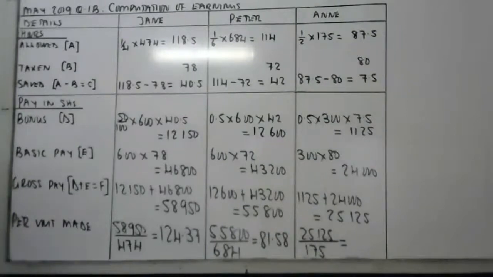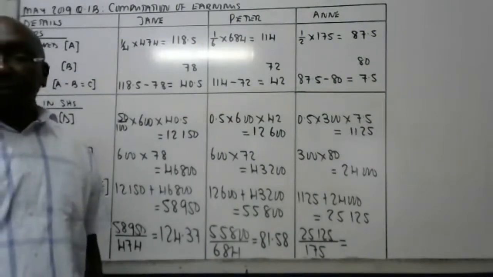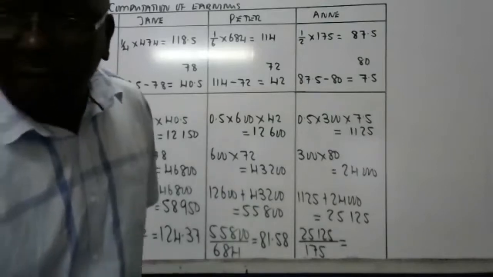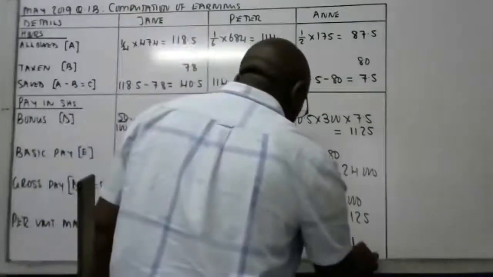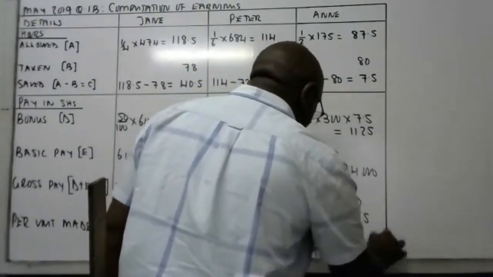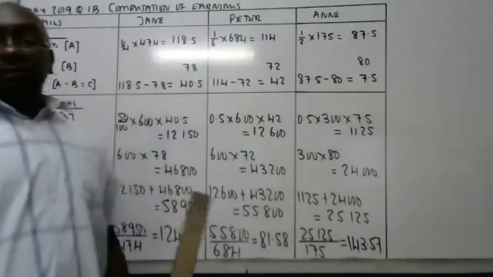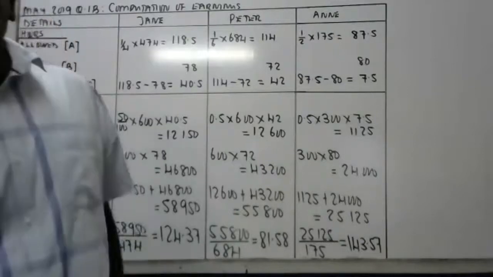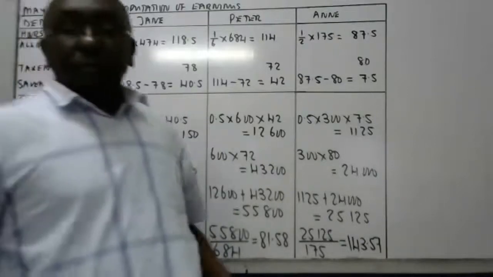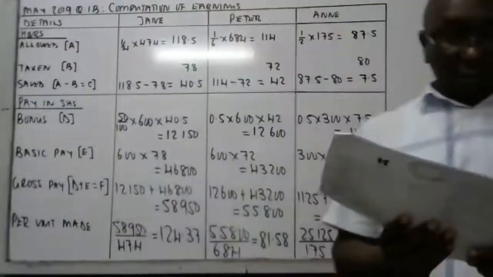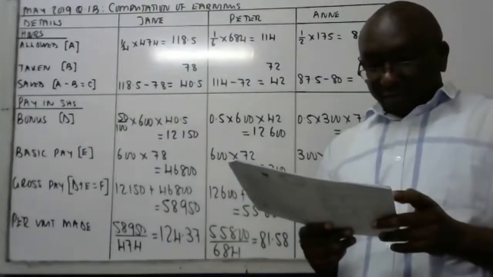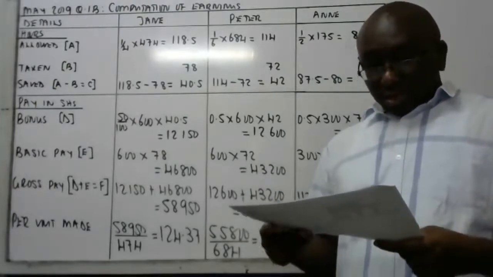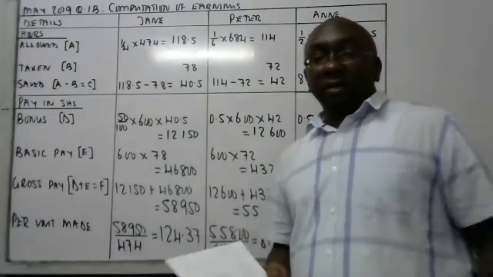What do you get? 143.57. Okay, that one we are done.